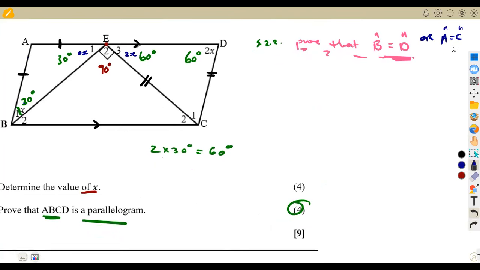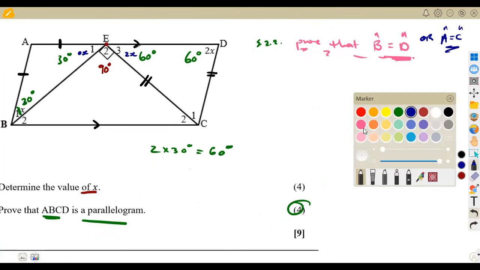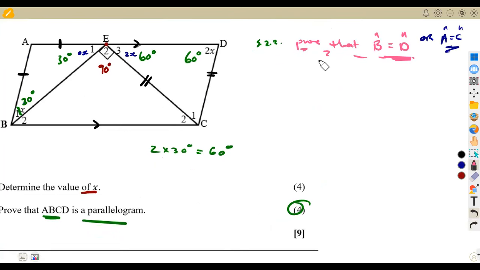All right. So let's start with this one. We want to prove that angle B is equal to angle D. Once we can prove this, it means this is a parallelogram. Okay, also, already angle D is 60 degrees. Then at angle B, we have got angle B1. We are given already this is 30 degrees.